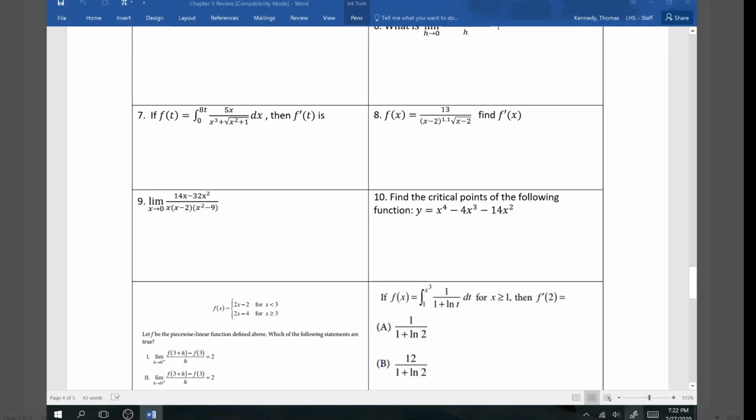I get to review the second fundamental theorem of calculus here, because that's what this is. We're taking an integral, and then we're taking a derivative of that integral, which means that we get to use our trick, the second fundamental theorem of calculus, which is we plug in 8t everywhere there's an x.